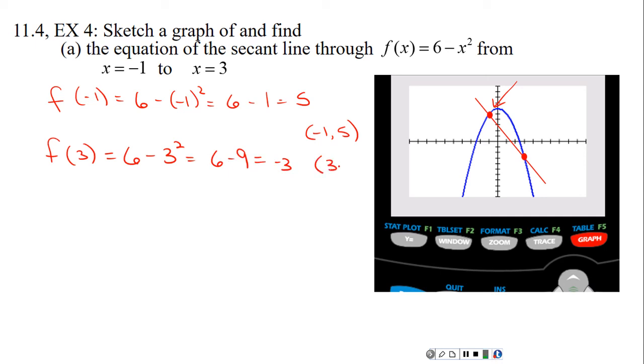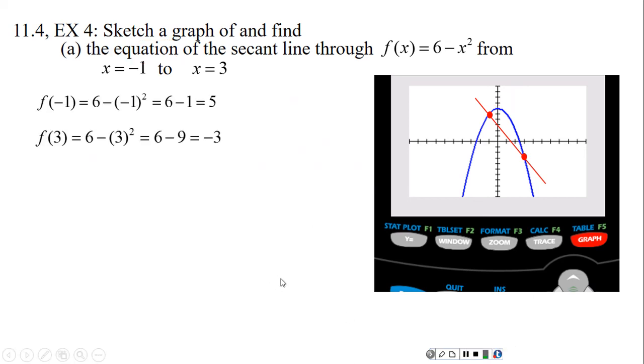So that point is 3, -3. So these are my 2 points, and I plotted that one there. And what I'm wanting to do is find the equation of the secant line. So the equation of a line is y equals mx plus b. We can find our slope by doing y2 minus y1 over x2 minus x1.